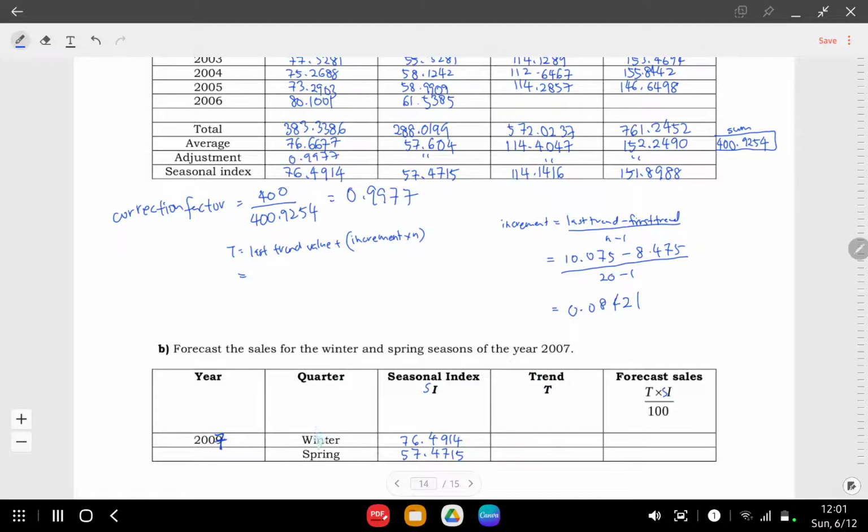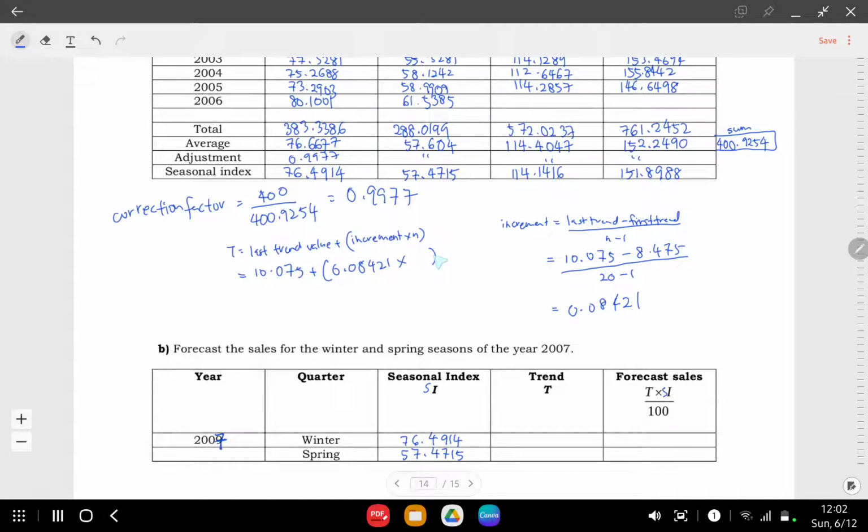Okay, so for 2007, first we calculate the forecast trend for winter 2007. So the last trend value is 10.075 plus the increment times n.